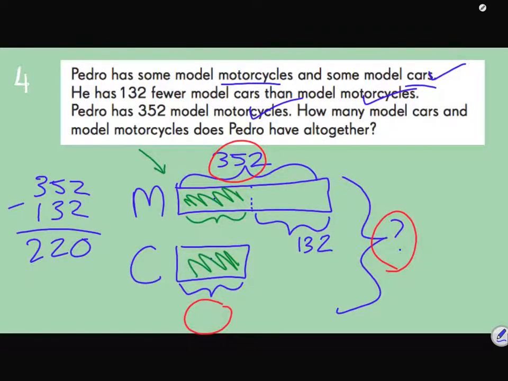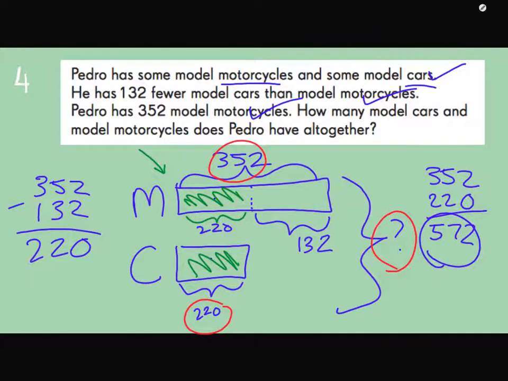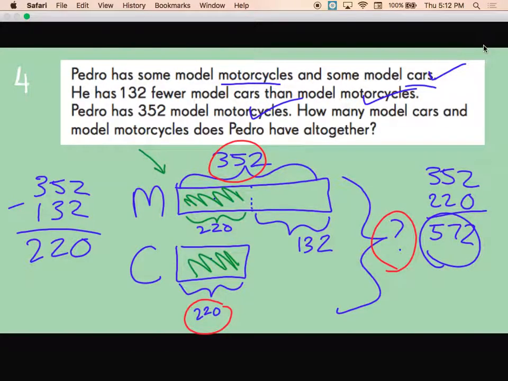And once we get 220, we know that this is 220. And so 352 was my total motorcycles and 220 was my total cars. And when you add those together, you get 572 motorcycles and cars all together. So again, if you need to rewatch that one, feel free, or you can move on to the next one.